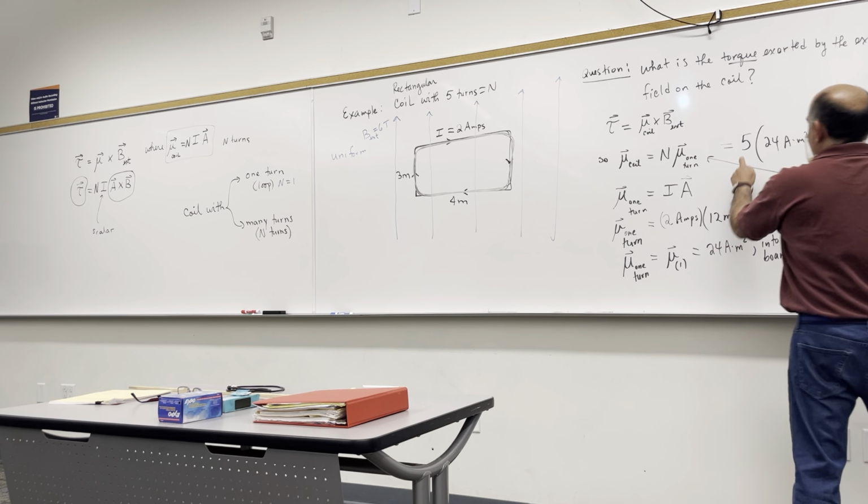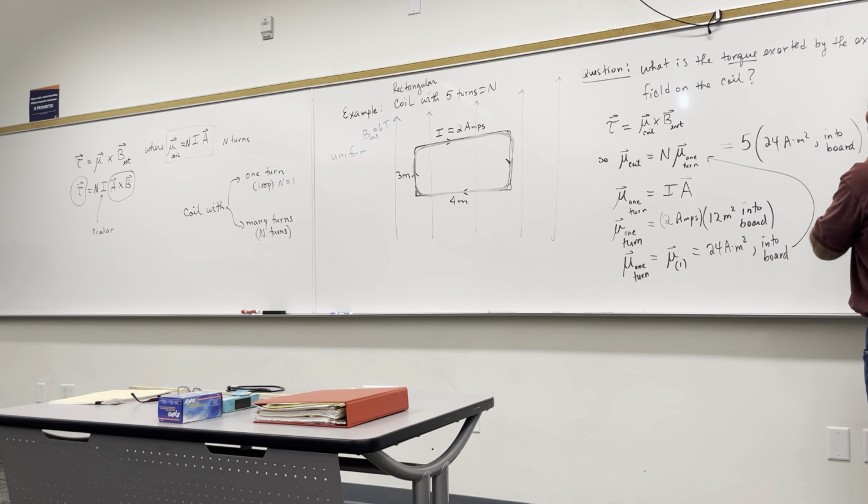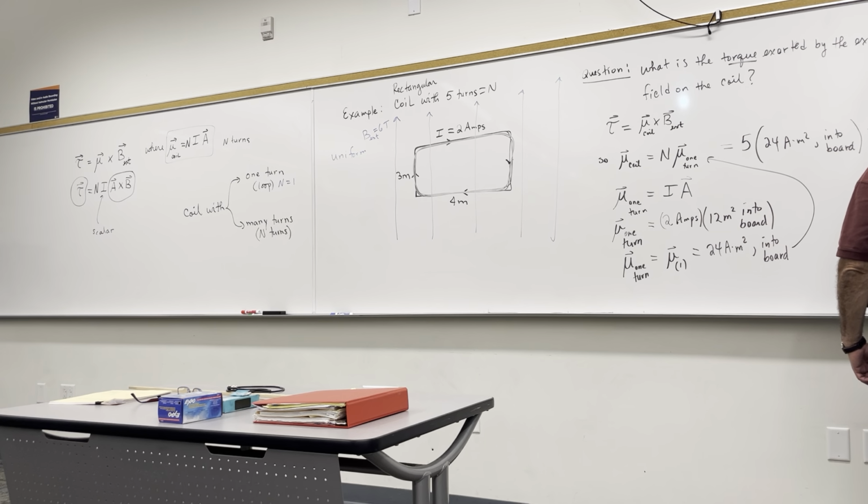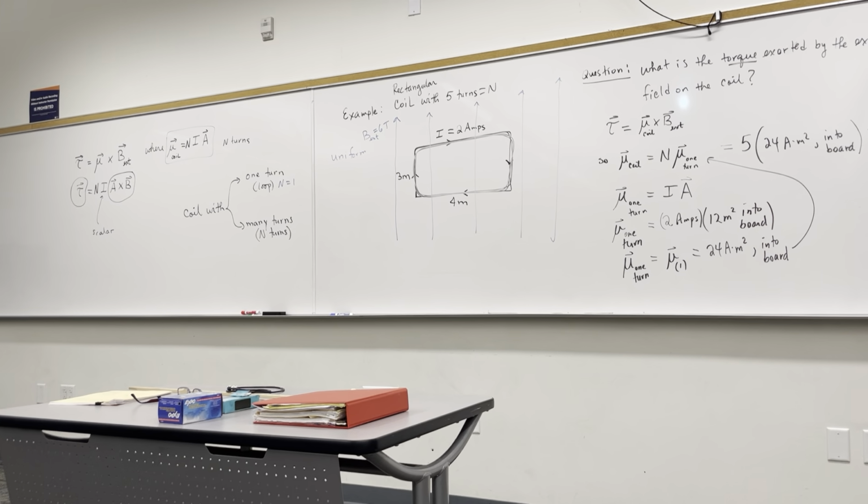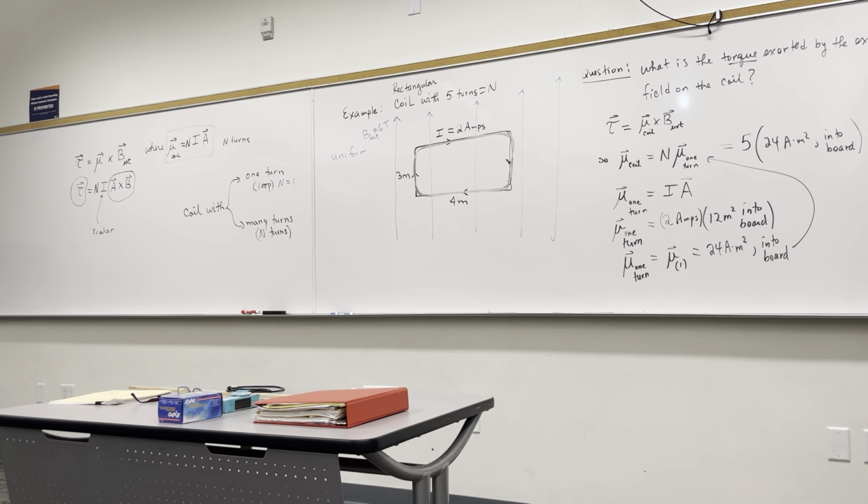So that would be 5 times 24, what is that? Is it 120? Into the board. Yeah, 5 times 20 is 100, 5 times 4 is 20, so it should be 120, right? That's the magnetic dipole moment of the coil.